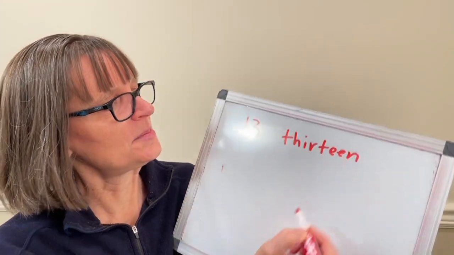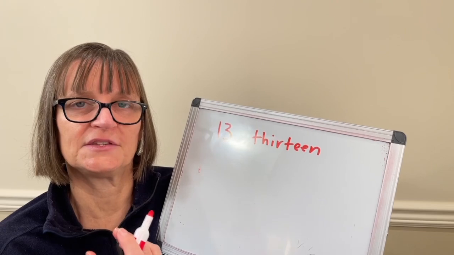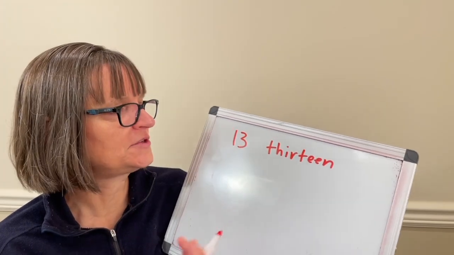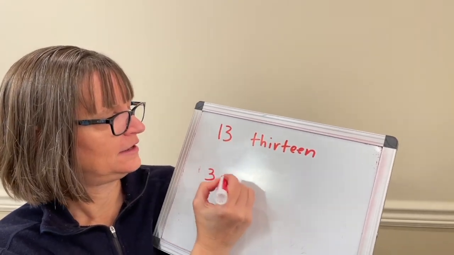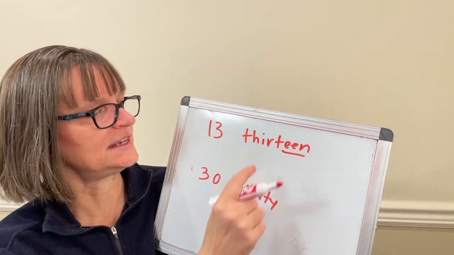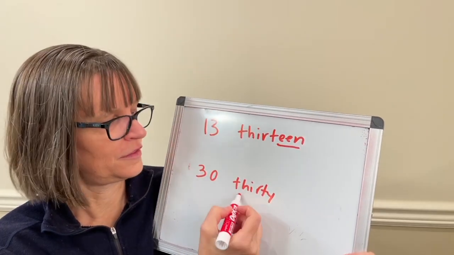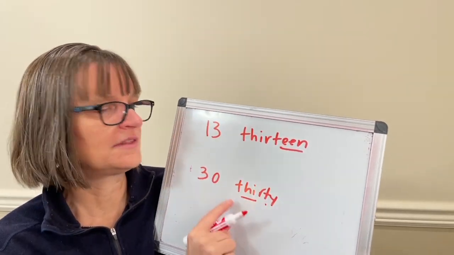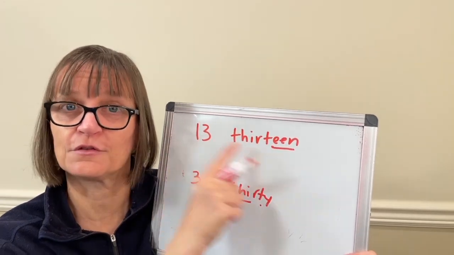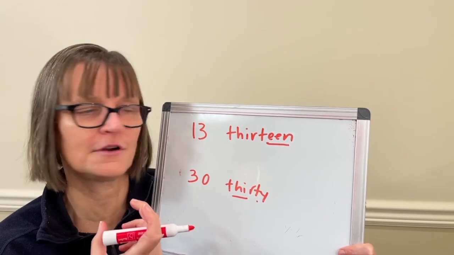So the teen numbers are kind of interesting because we can stress in different places depending on what we're saying. So if I'm talking about 13 versus 30, I'm probably going to stress on teen. I would say thirTEEN and THIRty. That's so you really can hear if I'm saying 13 or if I'm saying 30, because they have the same starting sound of thir.